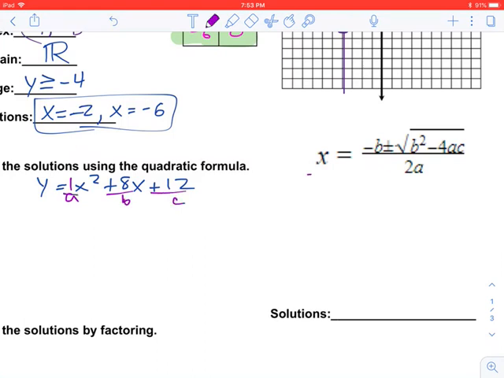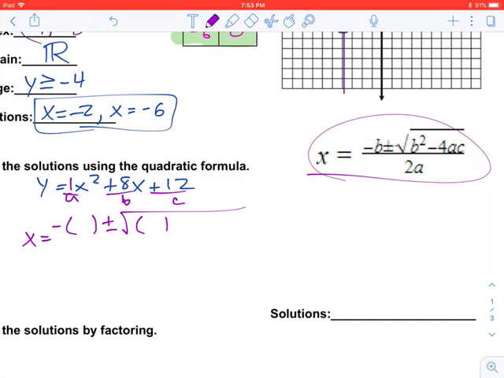So if I'm using my quadratic formula, I've got x equals negative b plus or minus the square root of b squared minus 4ac, all of that over 2 times a. And so I'm just plugging in here. So I've got 8 for b, a and c are 1 and 12, and then a is 1.